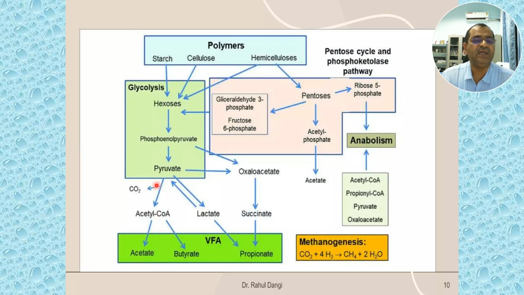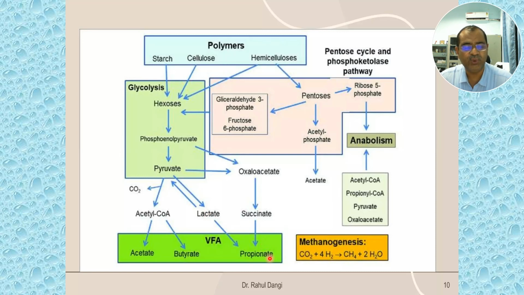And once again, the cellulose also, with the help of the bacterial microflora, is converted to hexose, and then to another product called phosphoenol pyruvate. Then the same pathway follows. The pyruvate is also converted to lactate.